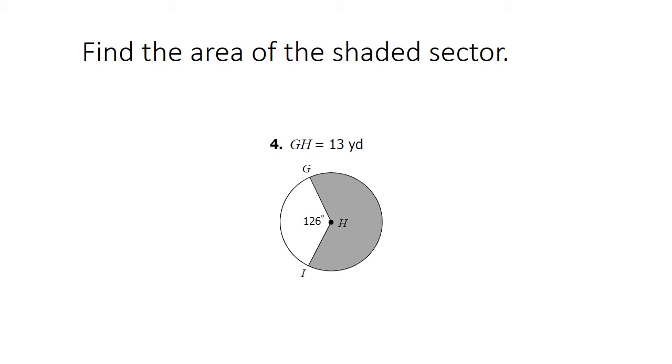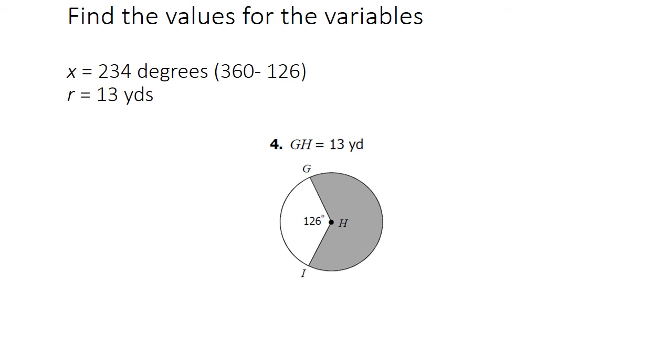The next problem gives us the central angle for the unshaded sector, and we're being asked to find the area of the shaded sector, so we've got to find that other angle. They do tell us that GH is 13 yards, and we can see that GH is the radius.